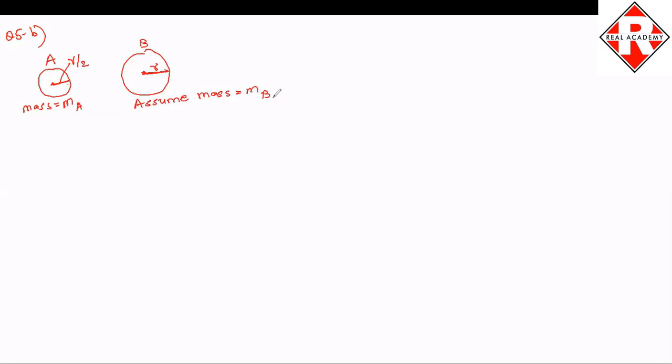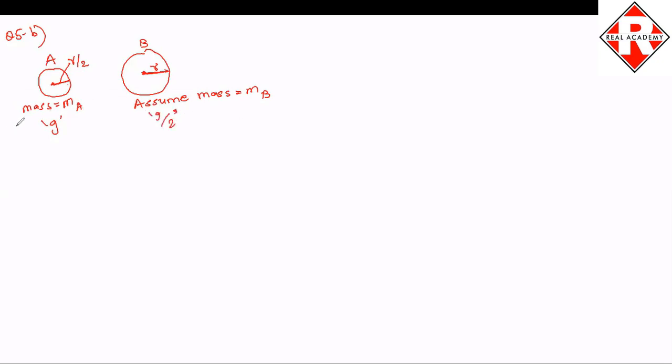What must be the mass of B so that the value of G on B is half that of its value on A? So the acceleration due to gravity acting on planet A, let's say, the value is G. On planet B, this acceleration due to gravity is half of that of A. So for planet B, the acceleration due to gravity is, let's say, G by 2.